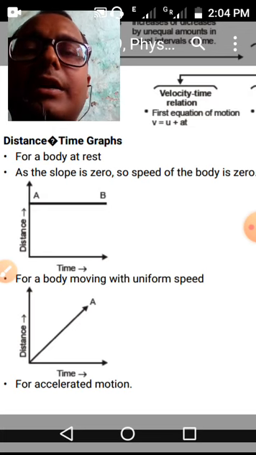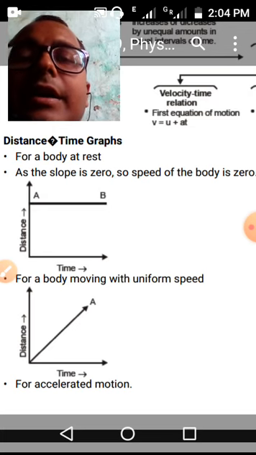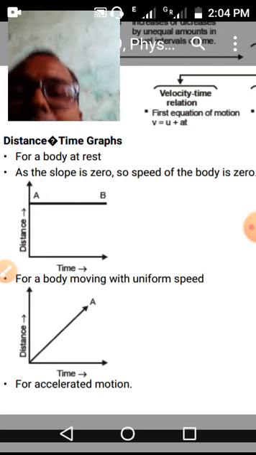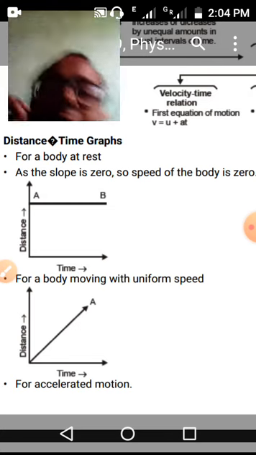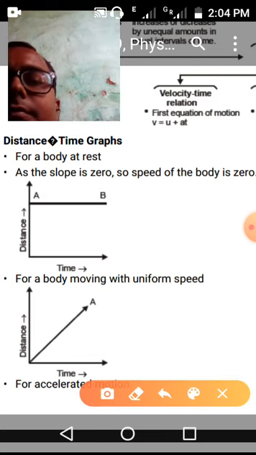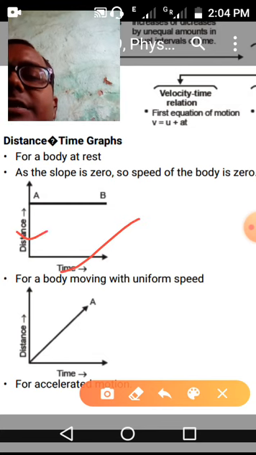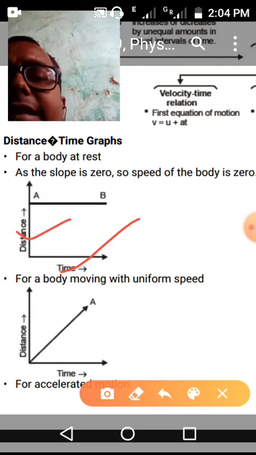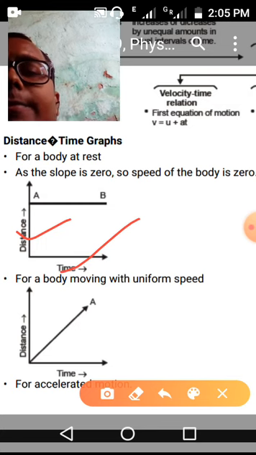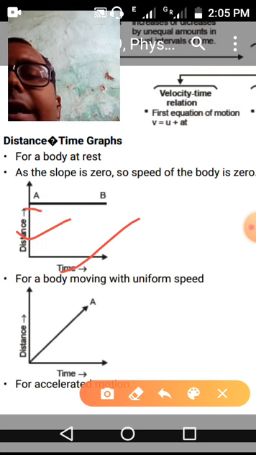So let's start the graphs. The first graph is the distance-time graph. Here I have the graph. There are two axes, the time axis and the distance axis. Here there are two points, a and b.